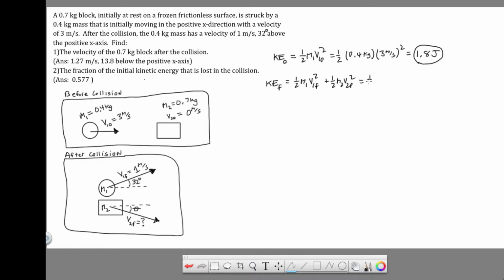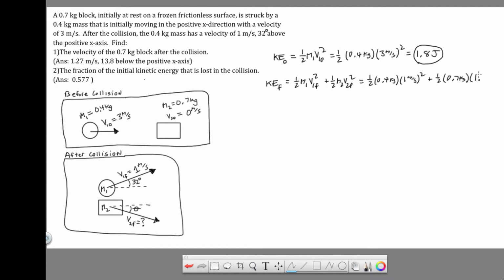So we punch the numbers in here. m1 is 0.4. Velocity of m1 after the collision is 1. We square that. M2 is 0.7. And then the velocity of M2 after the collision. Now we want to use the unrounded value.